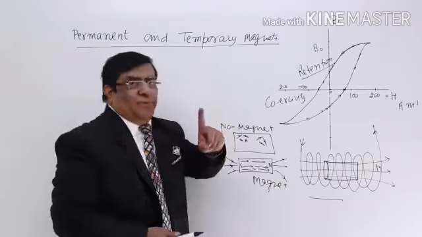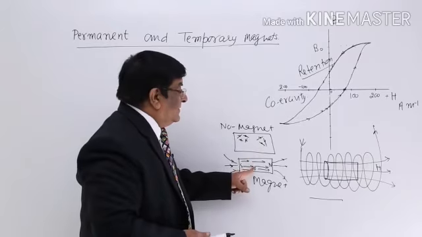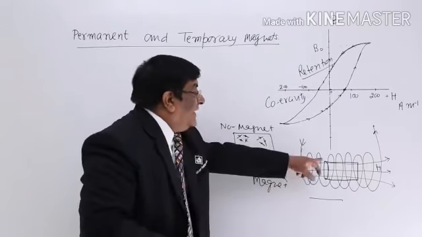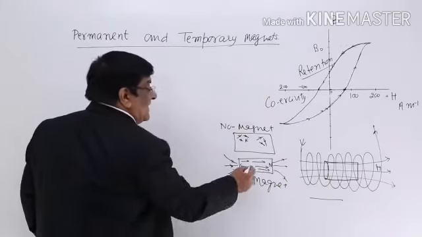Okay, now suppose I apply H on this, this becomes a magnet, and now I withdraw H. If I withdraw this H, what remains here?